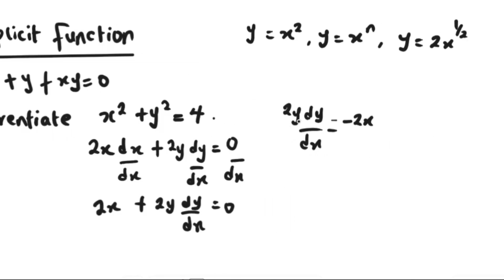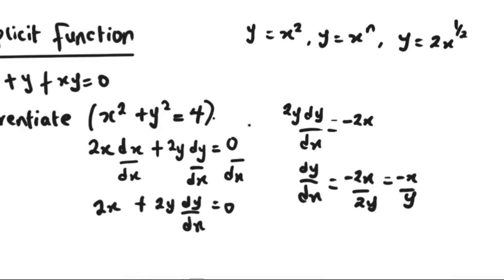Dividing both sides by the coefficient of dy/dx, which is 2y, we have dy/dx equals minus 2x divided by 2y, which is minus x over y. So the gradient, the derivative of this implicit function x squared plus y squared equals 4, is minus x over y.